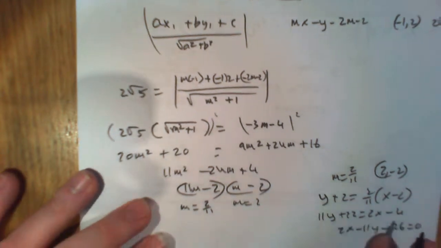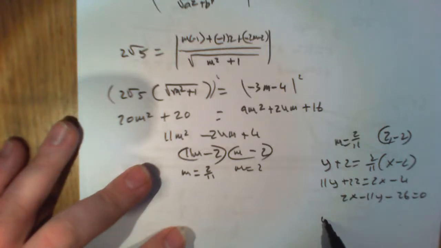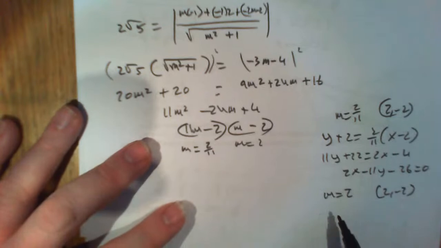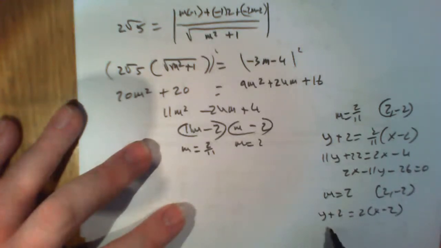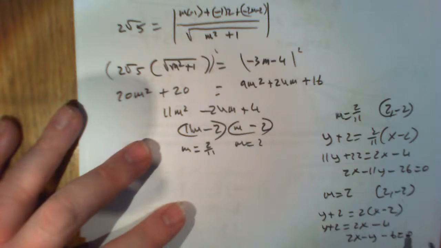Okay, let's do the other one, just for the fun of it. If m is equal to 2, with 2 and minus 2, y plus 2 is equal to 2 times x minus 2. y plus 2 is equal to 2x minus 4. That's 2x minus y minus 6 equal to 0.